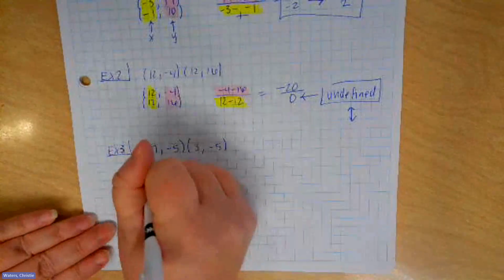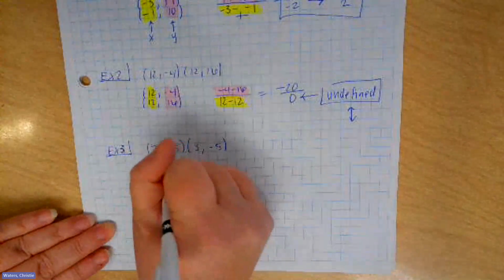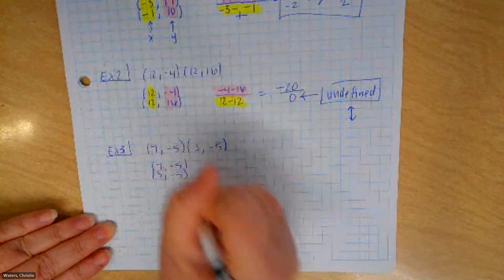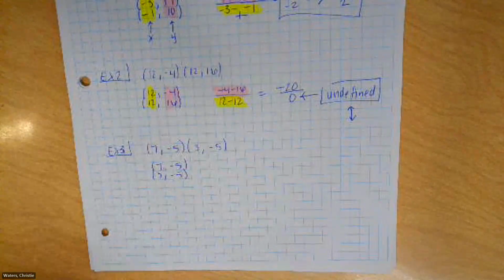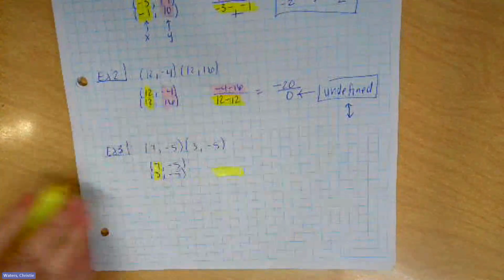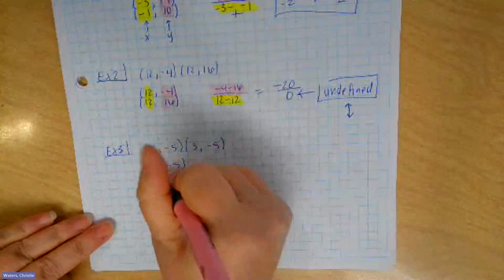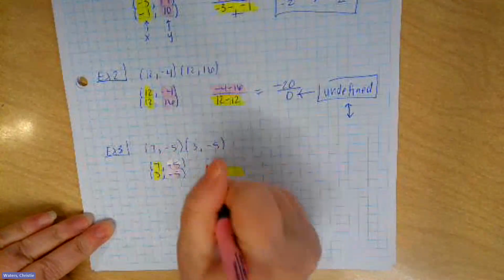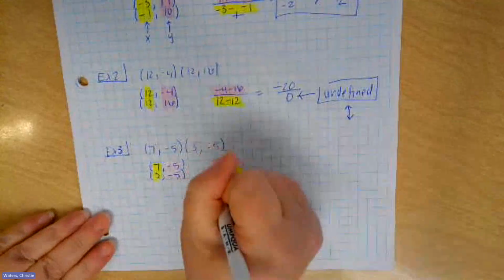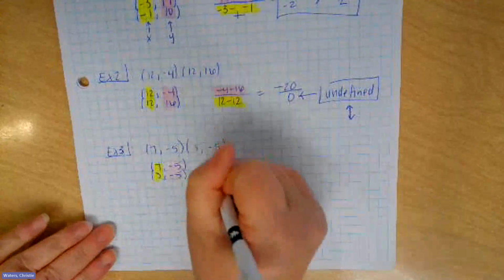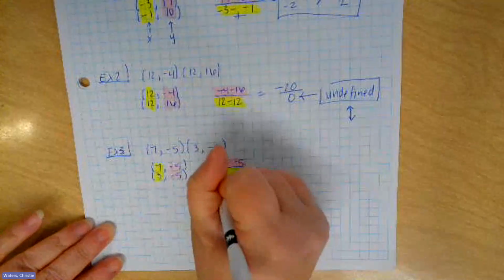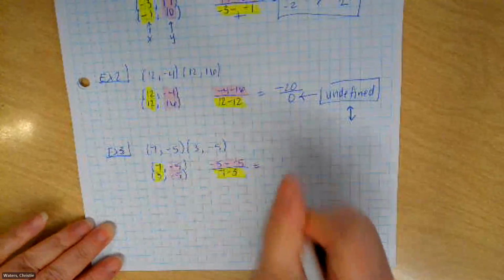So I'm going to stack my coordinates here. Okay, X's go on the bottom and Y's go on the top. So on the top, I have negative 5 minus negative 5. Bottom is 7 minus 3.